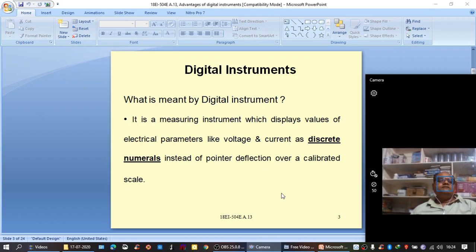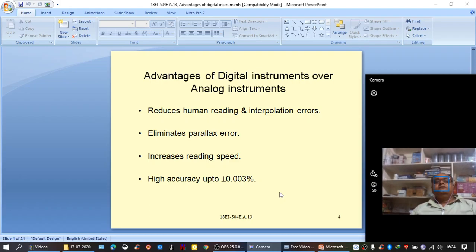In analog meters, the measured quantity is displayed as pointer deflection over a calibrated scale. But here in digital instruments, the measured quantity is displayed as discrete numerals.